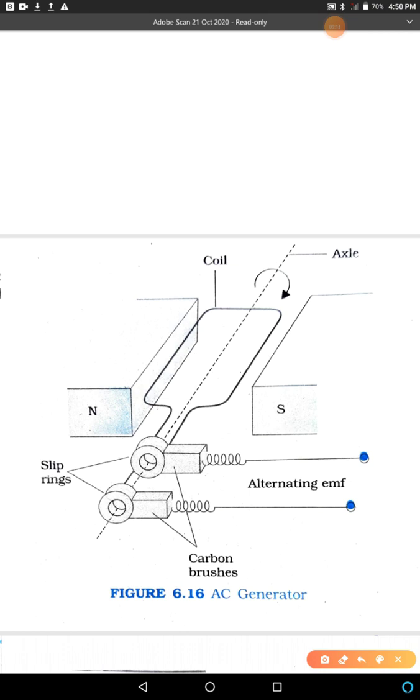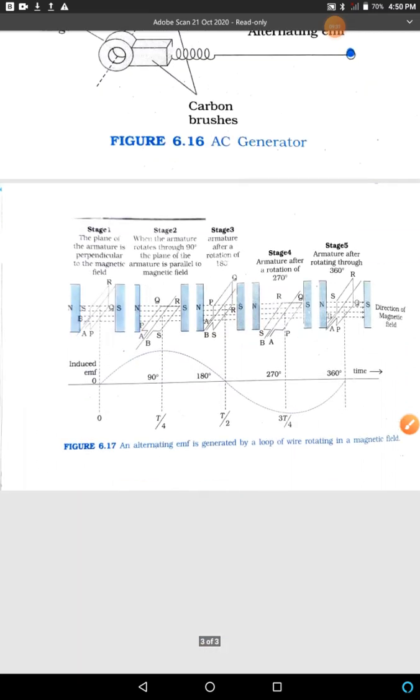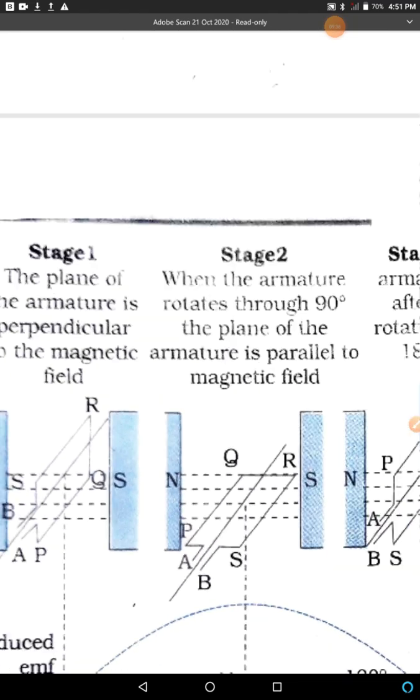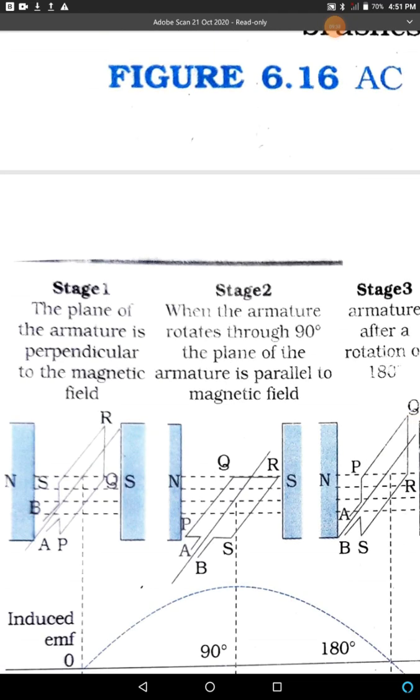When the coil is rotated with a constant angular speed omega, you can see in this diagram. This is the coil, a rectangular coil. First it will be in this orientation. The dotted lines represent the magnetic field lines.